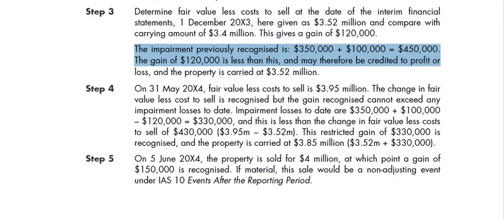Where do you take the gain under IAS 16? You take the gain to OCI, and the loss to the extent of the cumulative impairment, you write back the impairment to P&L.